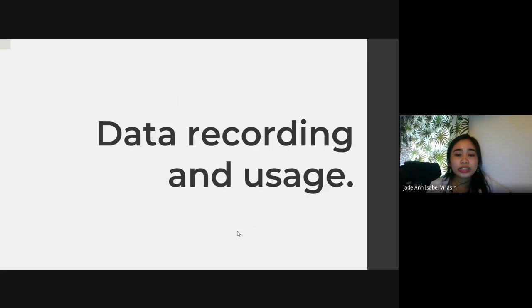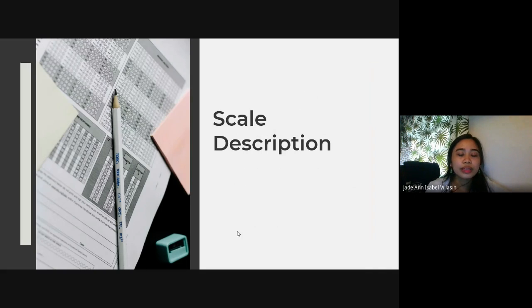Regarding the usage and recording, they must always practice confidentiality and only use the data solely for the purpose stated in the terms and conditions. Now, moving on, we shall now talk about the scale description of the test. I'm calling Miss Trisha to tell us more about it. Trisha?